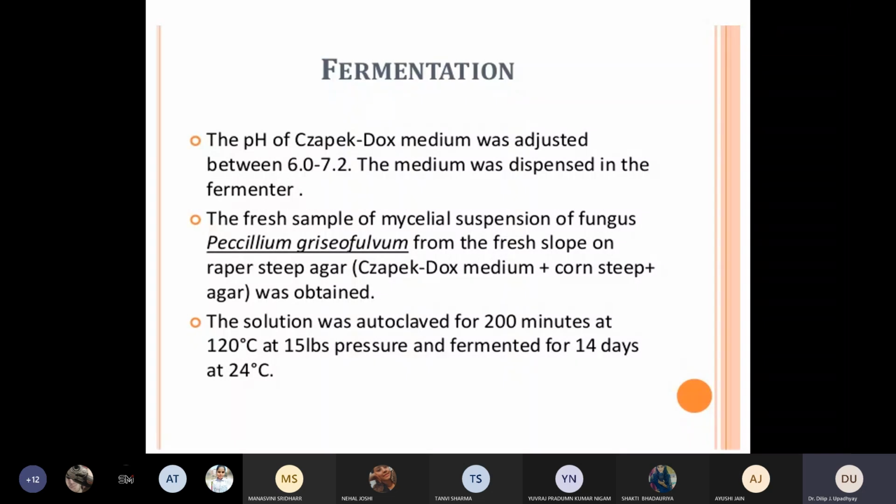Corn steep liquor is a byproduct of corn processing. In the extraction process of corn, whatever liquor comes out has a lot of carbon, as well as cobalt and other salts. See, in Czapek Dox medium we have only magnesium, correct? But magnesium alone is not sufficient for life.